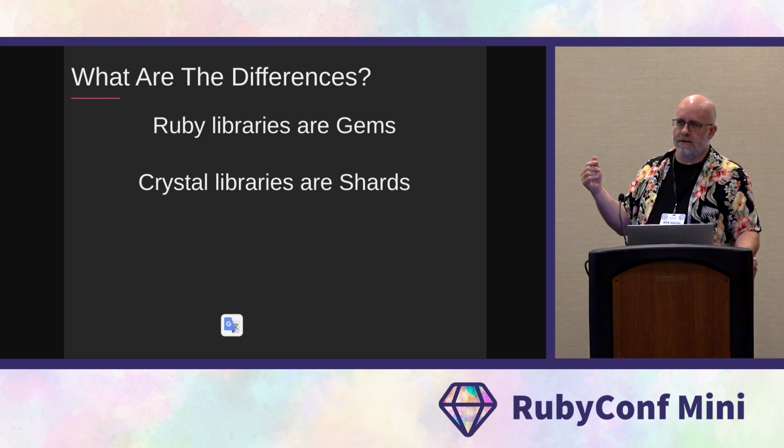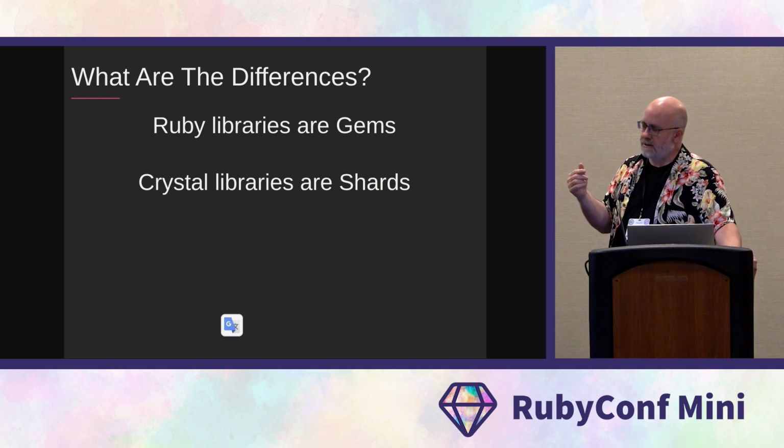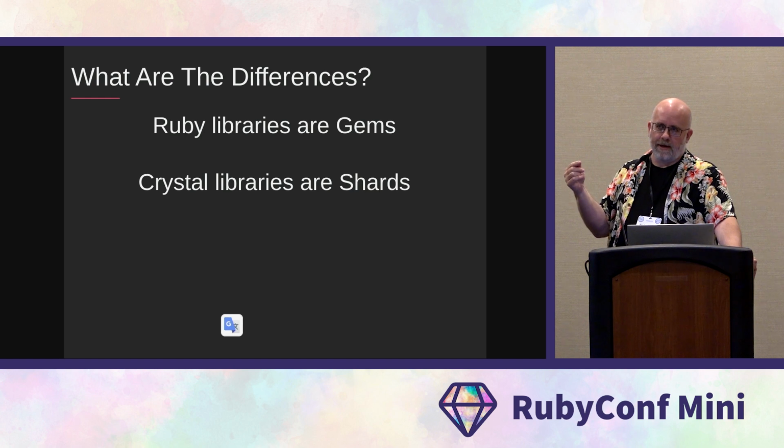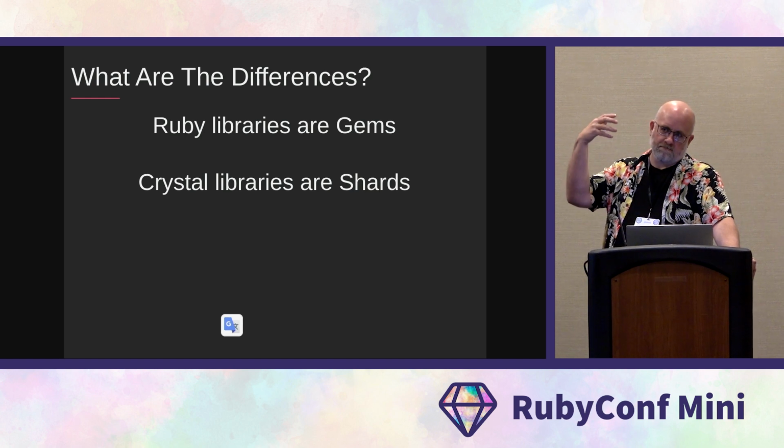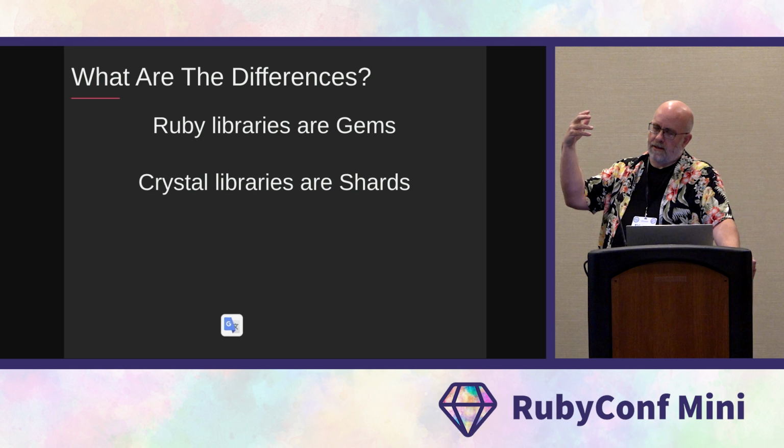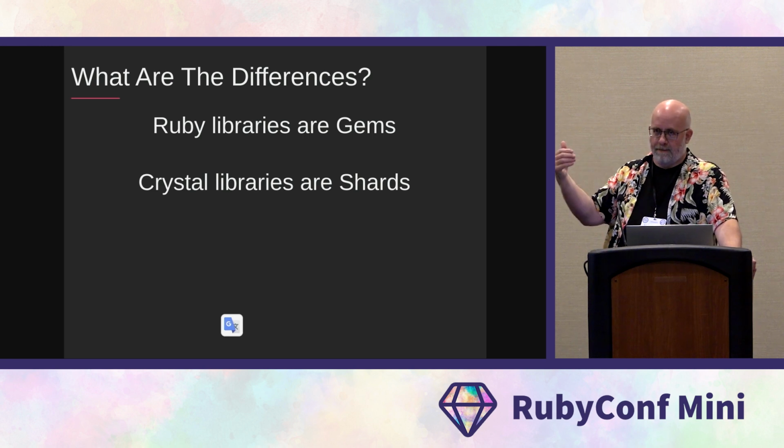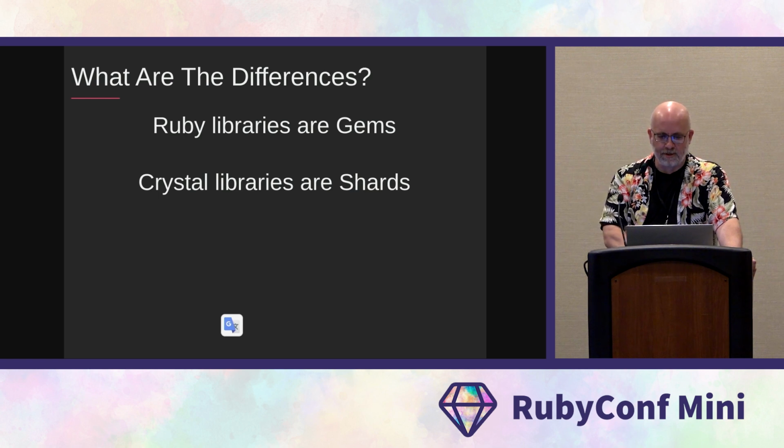Because Crystal is not a dynamic interpreted language, you can't describe your library in code. So it's described in YAML, and it parses the YAML to get the information out.